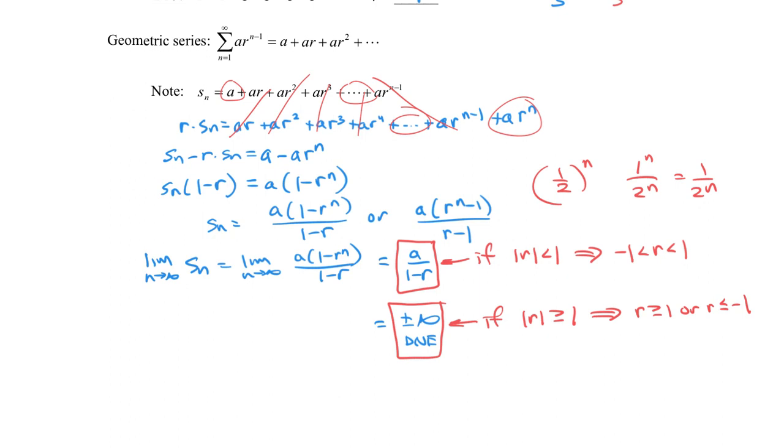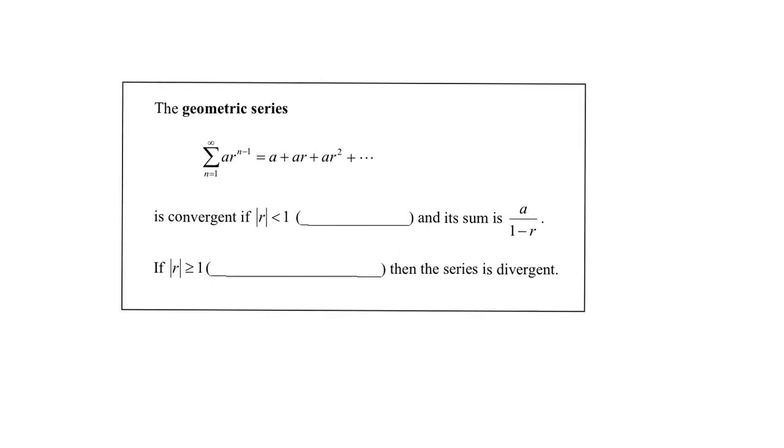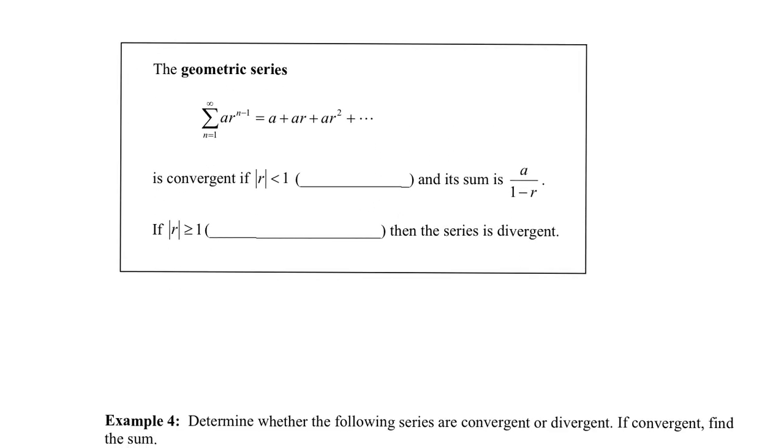So for a geometric series to converge, we need the absolute value of r to be less than 1. And if it converges, we can calculate what it converges to. So in summary, we've got a little box here. If we have a geometric series, well, it is convergent if the absolute value of r is less than 1. It converges.